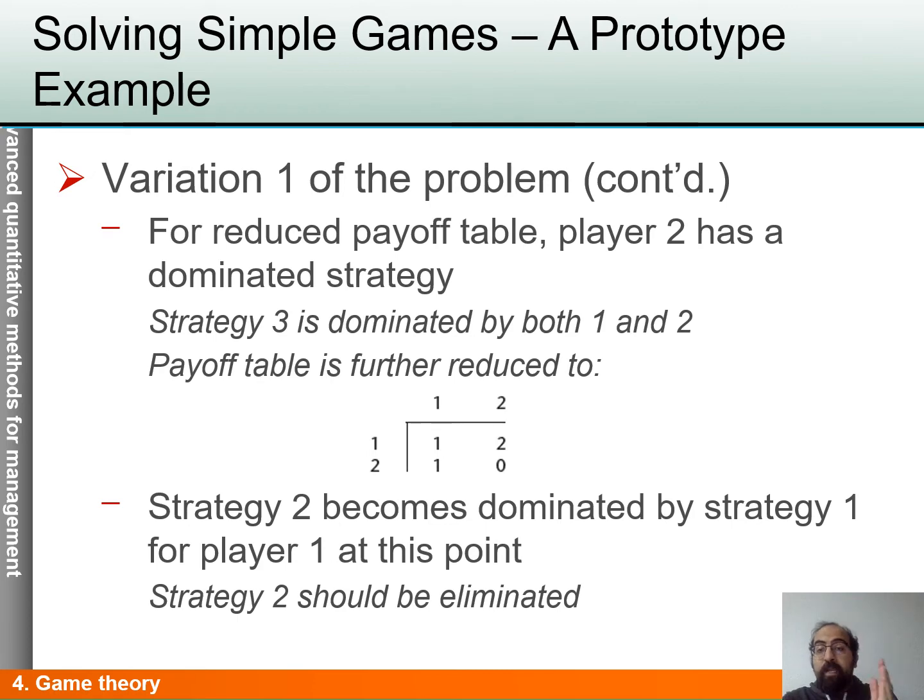So we can eliminate this column that we had before. Imagine we had a column before that now it doesn't exist. So the size of the table this time converts to 2 by 2 instead of 2 by 3.